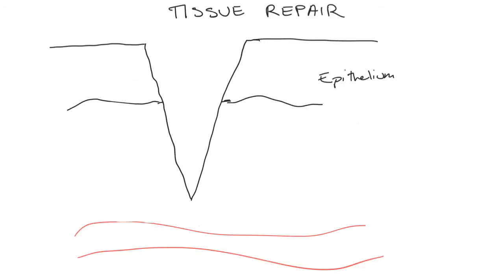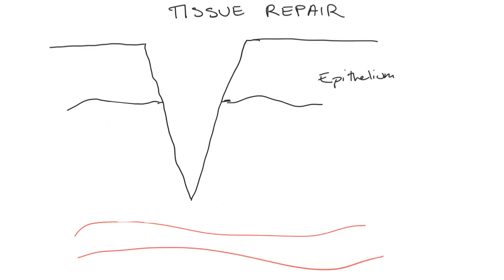Okay, last thing we're going to go over, unless I decide to do more, is tissue repair. This is the general process for what happens when there's tissue damage. We're going to use the epithelium on the outer layer here, and then you'll have connective tissue and something else underneath. Let's say you get a fissure, some cut in here.